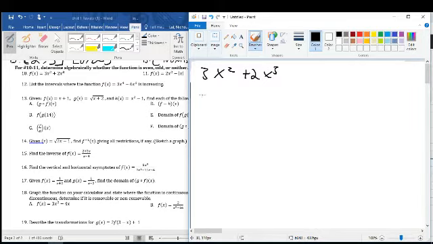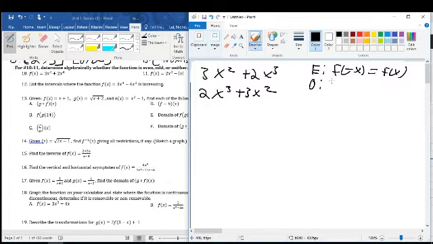I'd like to rewrite that as 2x cubed plus 3x squared. When it's even, f of negative x equals f of x. Odd, f of negative x equals negative f of x.